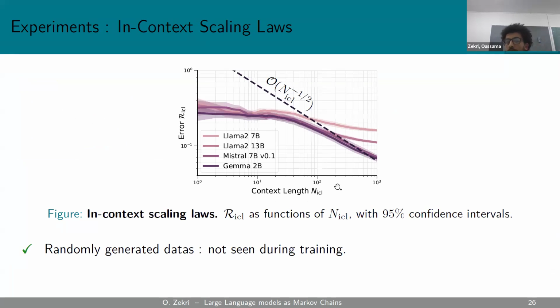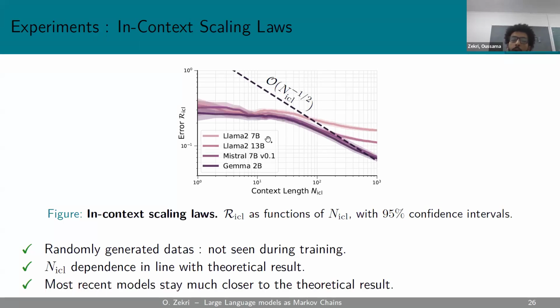We also considered randomly generated Markov chains that we prompt, to make sure that the chain has not been seen during training. So there is a real generalization property here. You can see the dependence, and you can see that the most recent models stay much closer to the bound, so there is less distribution shift. They seem to be more able to generalize.